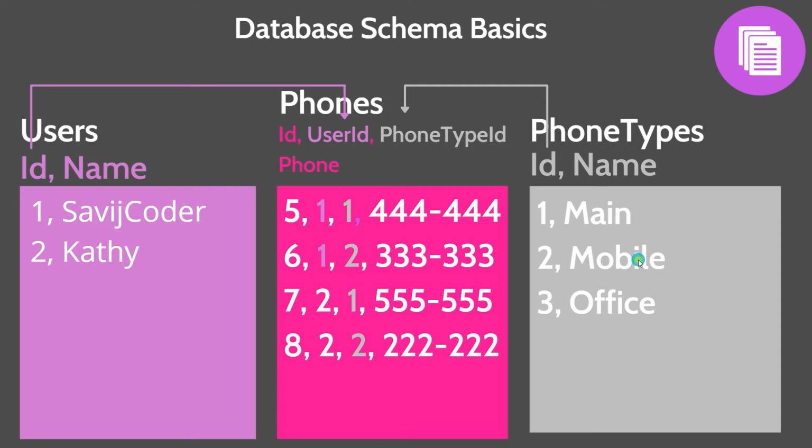If we did, we would join the phone types table into our query. Then we could select phone types.name as well. But really, I don't need the text this time. I just want only the 3333333, which is the phone type ID of 2, which is mobile.